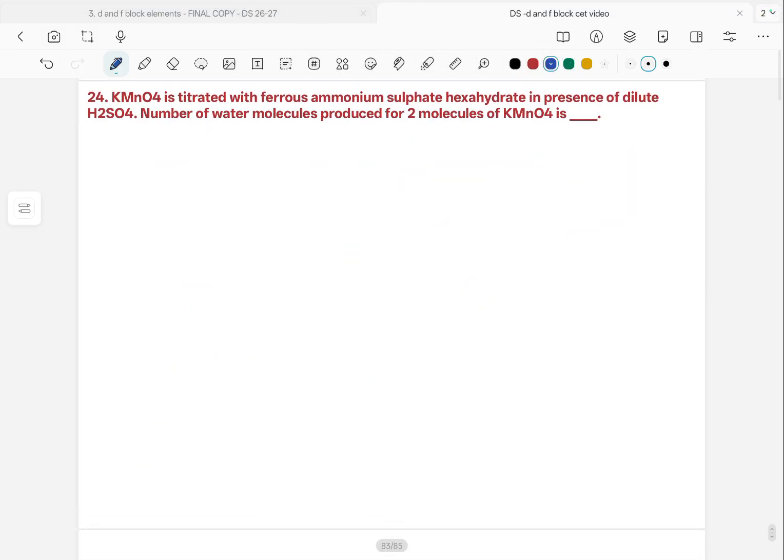The question is, KMnO4 is titrated with ferrous ammonium sulfate hexahydrate, which is nothing but Mohr's salt, in the presence of dilute sulfuric acid. The number of water molecules produced for 2 molecules of permanganate is? This we can solve in 2 ways. The simplest way: first we will know how permanganate will get reduced. In acid medium, MnO4 minus gets reduced to Mn2 plus.